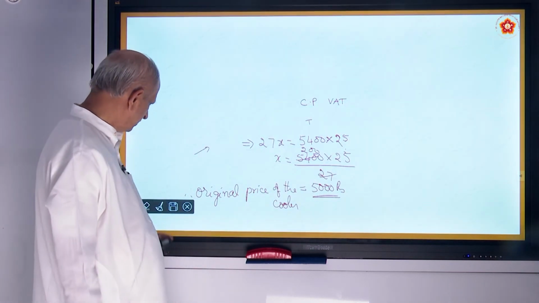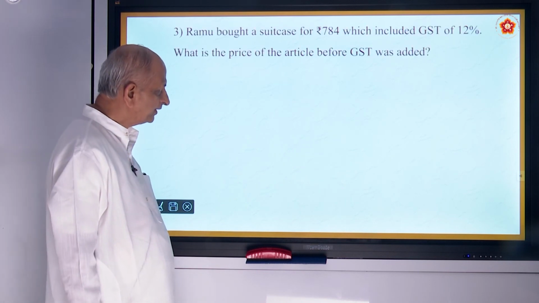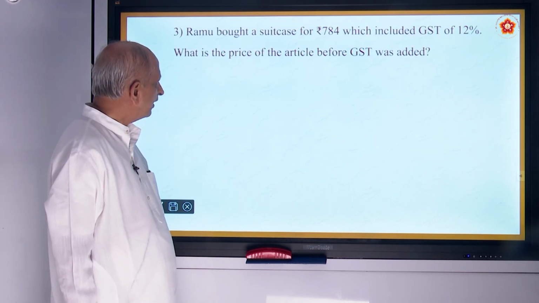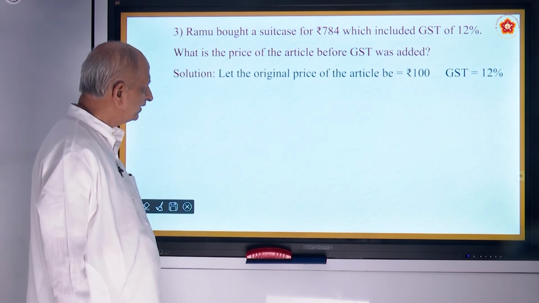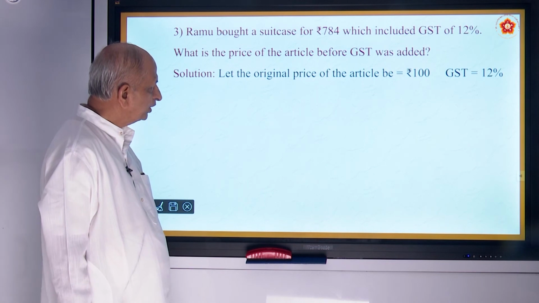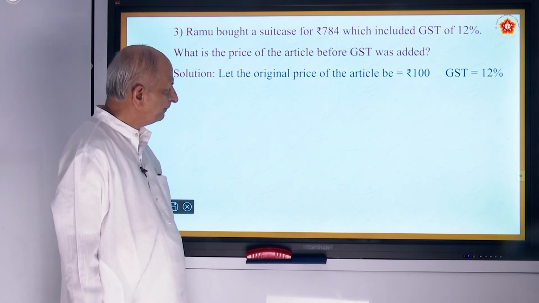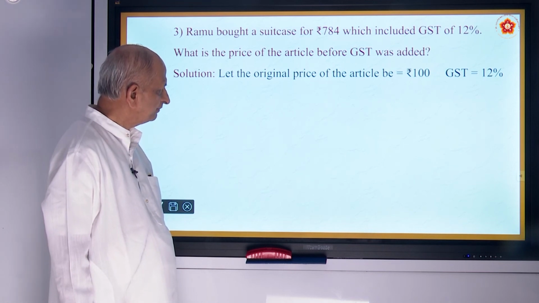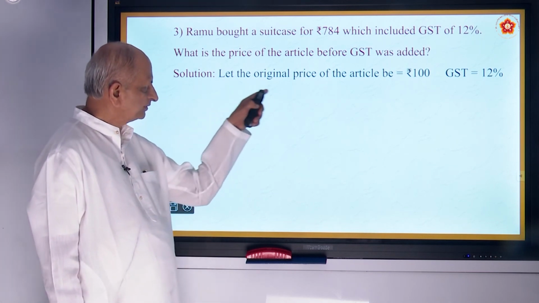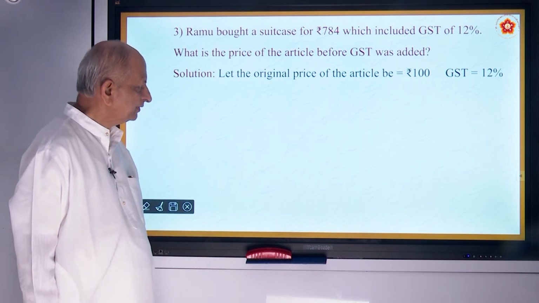Okay. Now we'll pass on to the next problem, which is about GST. Ramu bought a suitcase for rupees 784, including GST of 12%. What is the price of the article before GST was added? So let the original price be 100 rupees.